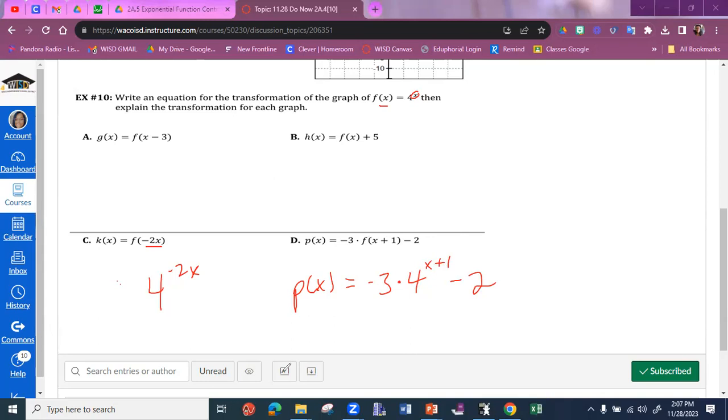Okay. From left to right, what happened first? It reflects over the x-axis. Then what happens? Vertical stretch by 3. And then what happens? It went 1 unit to the left, and then what happens? It went 2 units down, okay?